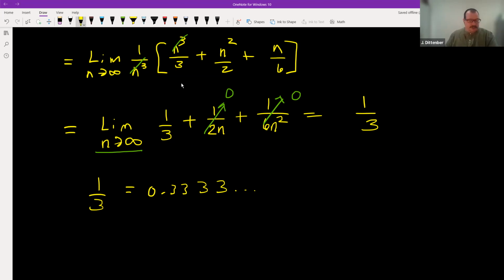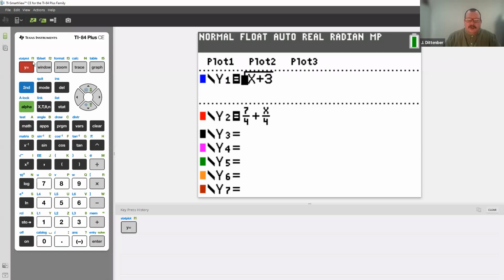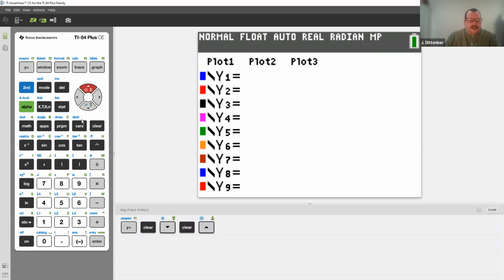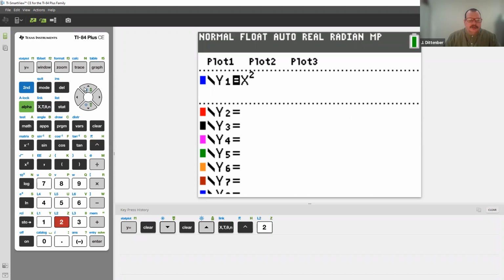And I think another really interesting and worthwhile visualization is to take a look at this on the calculator. So let me just change my screen now, go to the calculator. First I'll get rid of these, and then let's plug in x squared. Okay, so there's my function.